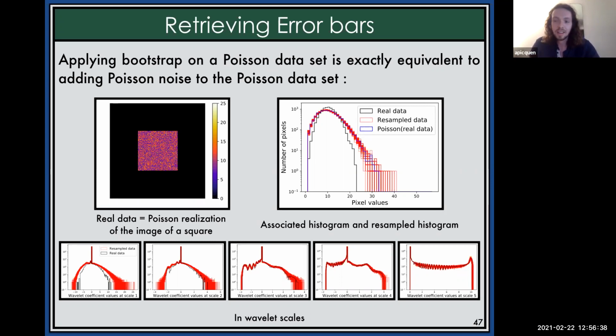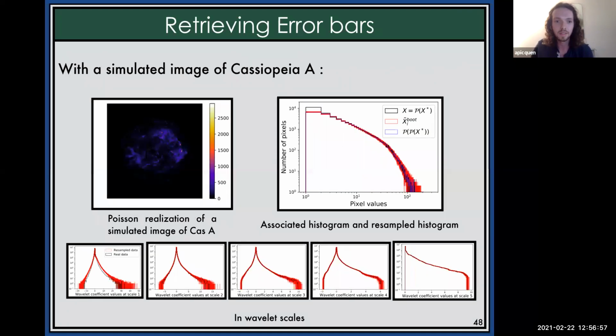So it's something that I did not find in any paper. I'm not sure whether it was found before, but I didn't find it. And I was surprised to see that the bootstrap was completely not adapted to studies on Poissonian datasets, because it just added some more noise. And we can see it's the same with an image of Cassiopeia A.